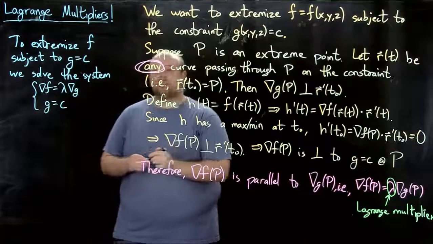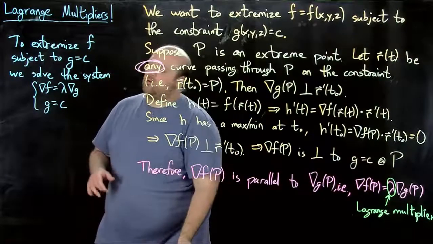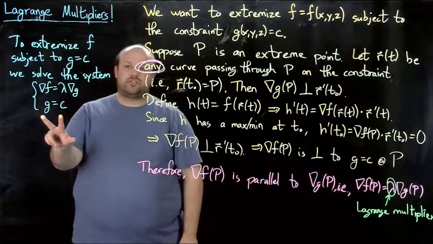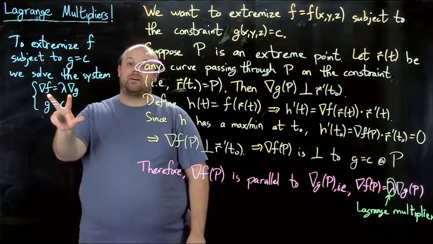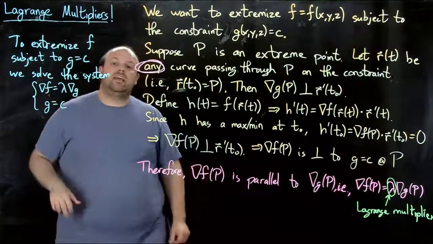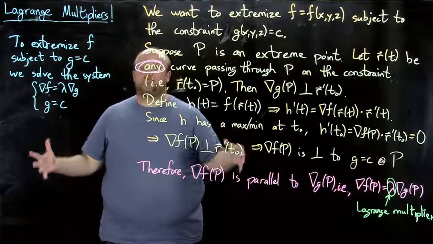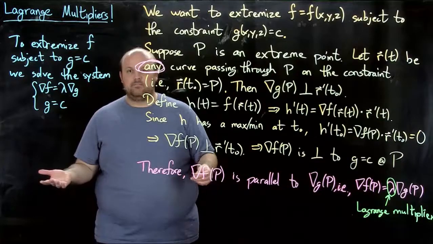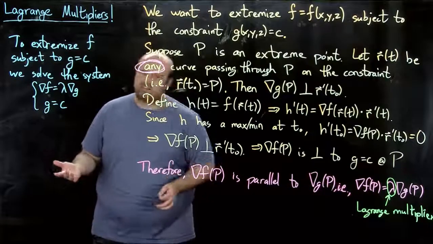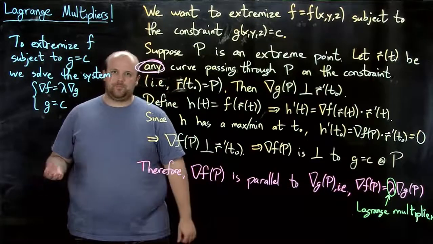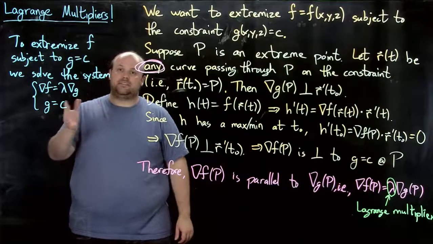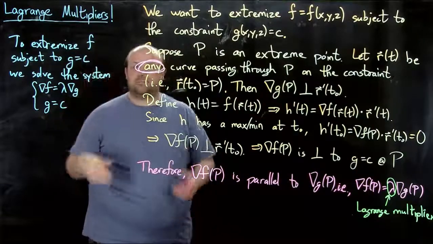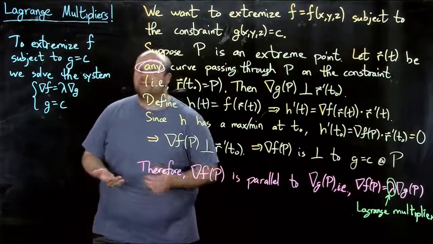That says we're looking for points on the constraint where the gradient vectors are parallel. From among those points, one is the max and one is the min. To figure out which is which, you just plug them into the function f and compare values.